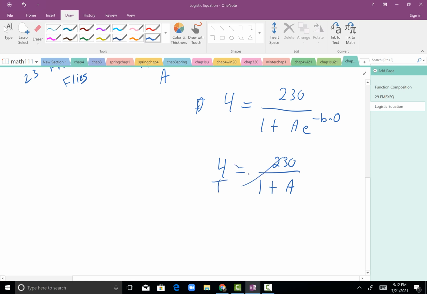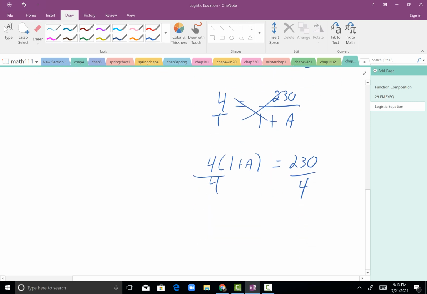So then we do this cross multiplication. Divide by 4. So we get 57.5.